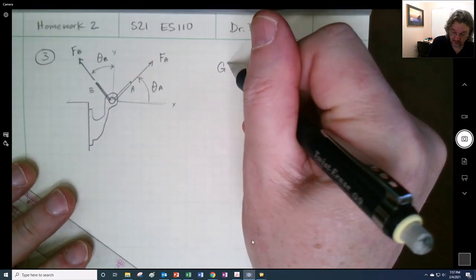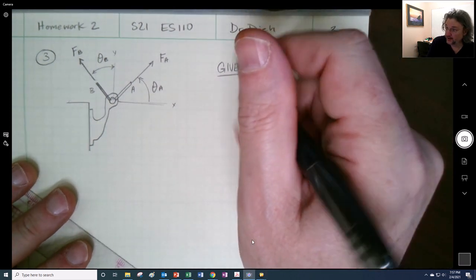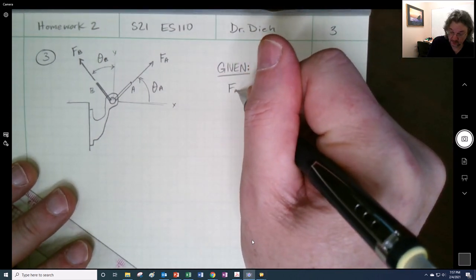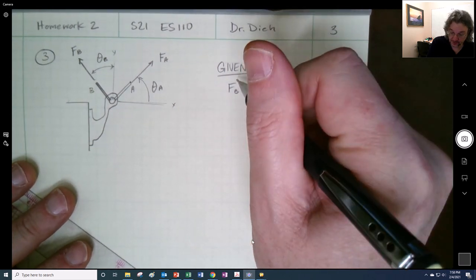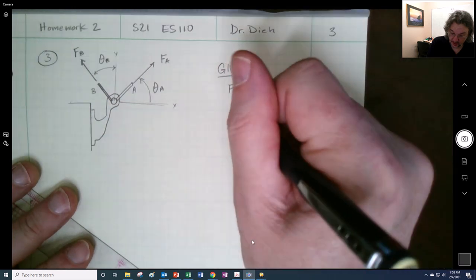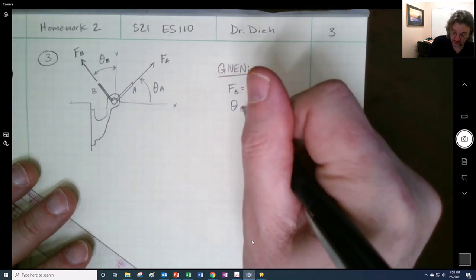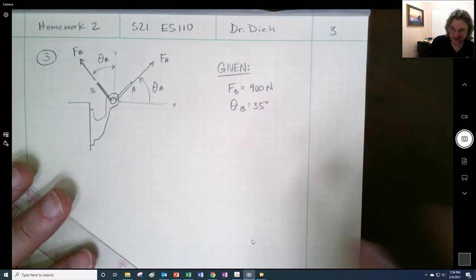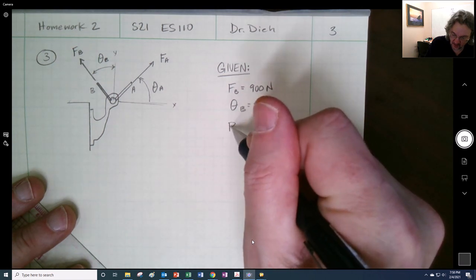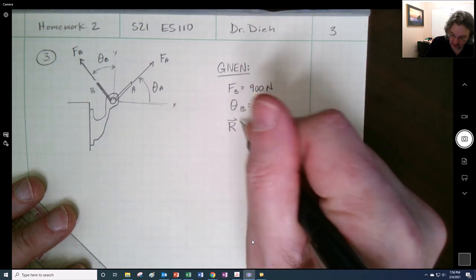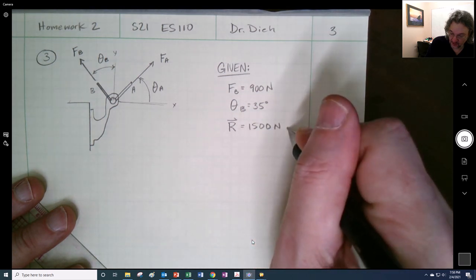So for the givens, we have FB is equal to 900 newtons. Theta B is equal to 35 degrees, right? I'm going to draw them as vectors because I like to keep my angles only from the horizontal. I'm just going to write down what they gave us. The resultant is 1,500 newtons right here.